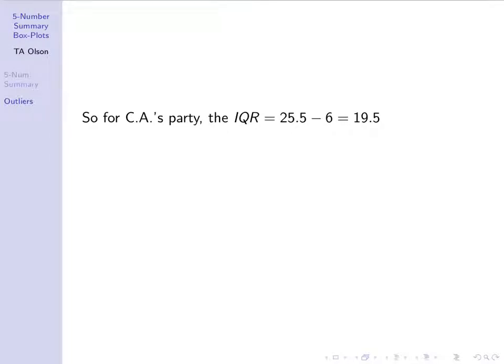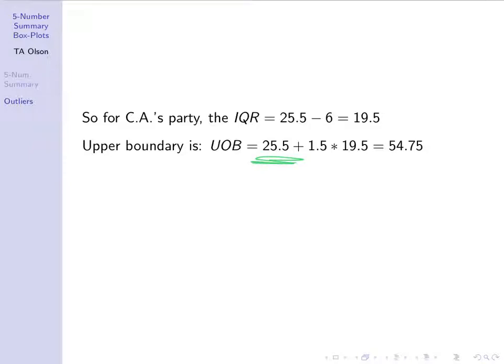So for Chifaru's party, the interquartile range goes between Q3 and Q1. Q3 was 25.5, Q1 was 6. 25.5 minus 6 is 19.5. So that's going to be our interquartile range. So our upper boundary for outliers is we take our Q3, that's the top of that quartile, add 1.5 times this 19.5, and I get 54.75.